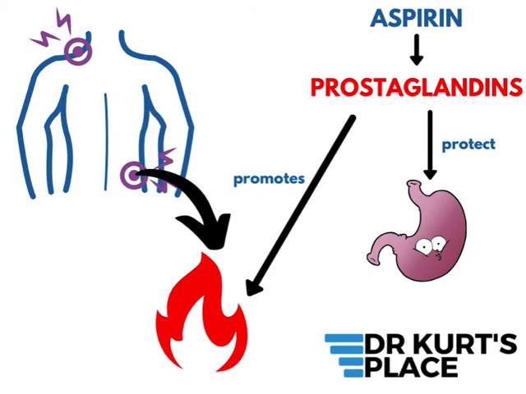Aspirin is going to block a signal called prostaglandins. There are some types of these that promote inflammation, but other types that protect your stomach. Remember, our stomach produces acid that is designed to kill off bacteria, viruses, you name it. If stomach acid got on your shirt, it would eat a hole in it.